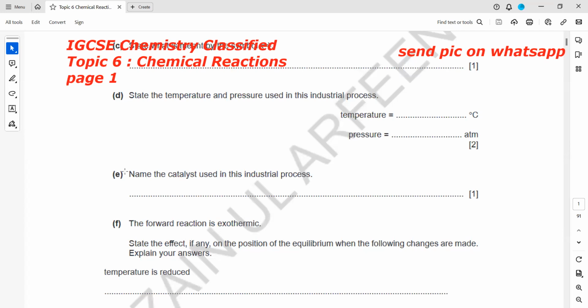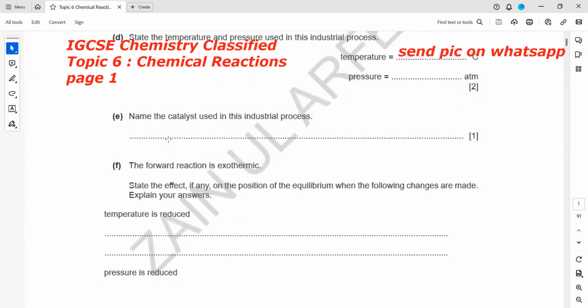Yeah, F is the last part. Two parts are there in F. One is that the forward reaction is exothermic. We have to state how the position of equilibrium changes if we reduce the temperature and reduce the pressure.